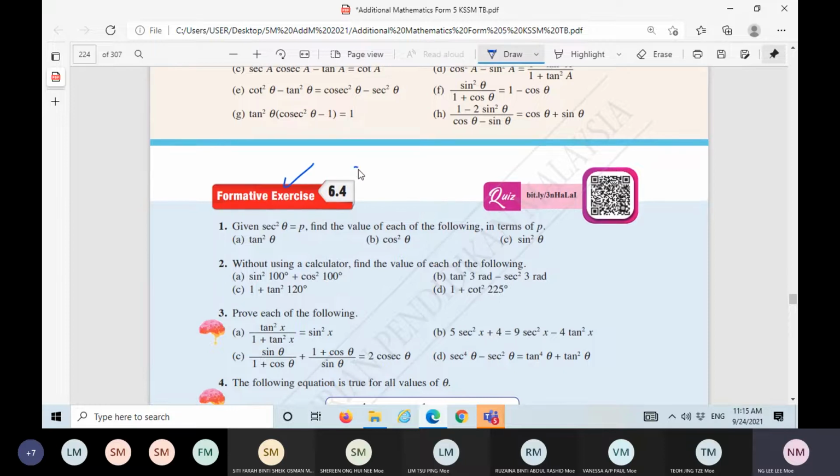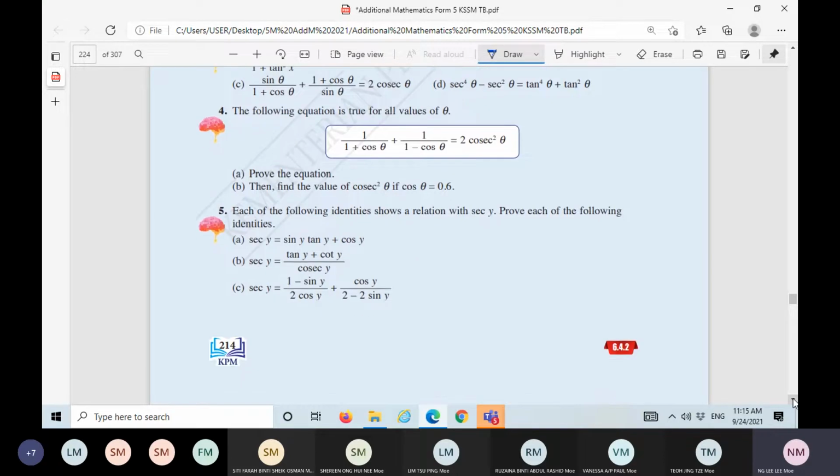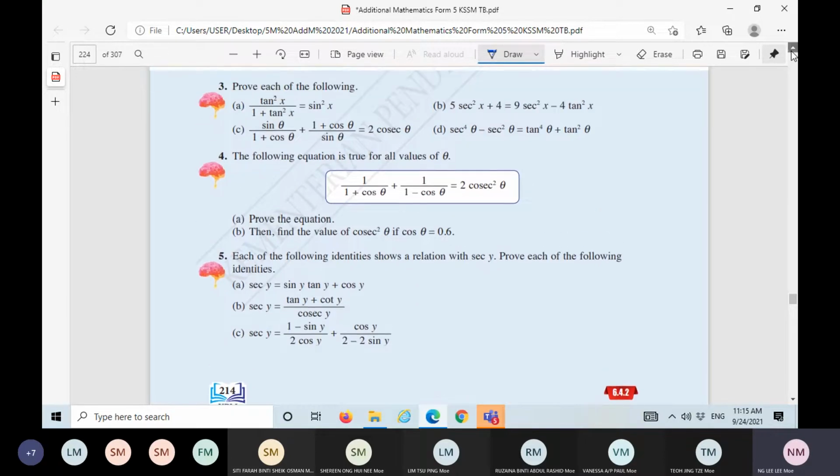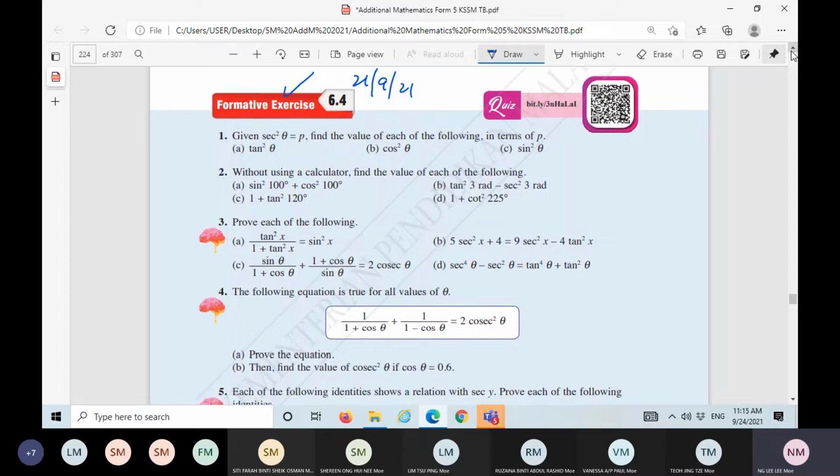This one I gave on the Tuesday. Any question you want to ask? If you are depending on the full solution to get it done, you try yourself. When ready, you do it by yourself. Actually, sometimes trigo is not easy.